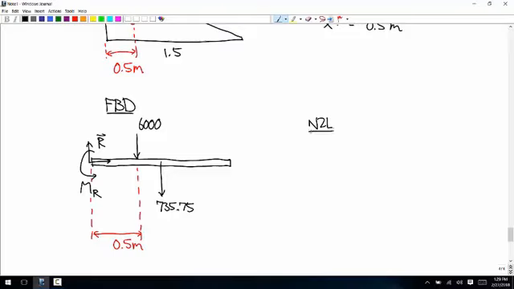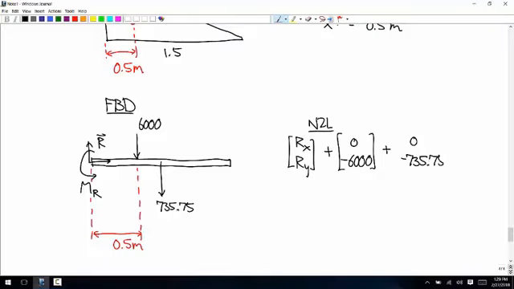So Newton's second law says Rx, Ry plus 0, negative 6,000, plus 0, negative 735.75 is equal to zeros.